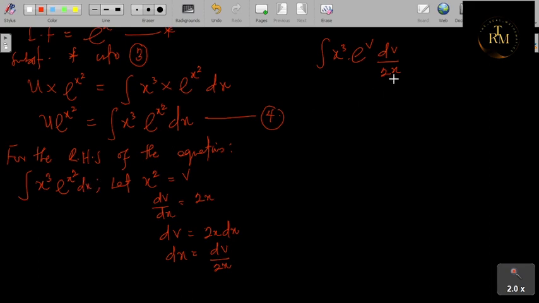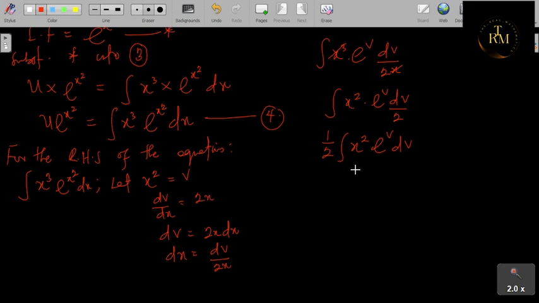So x will cancel one with x cubed, so I have the integral of x squared times exponential v dv over 2. So the 1 over 2 can actually come out of the integral sign. So I have 1 over 2 integral of x squared exponential v dv.